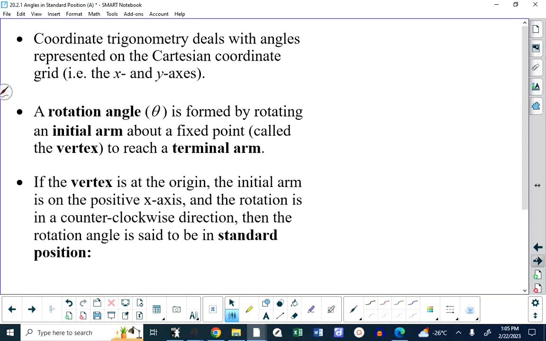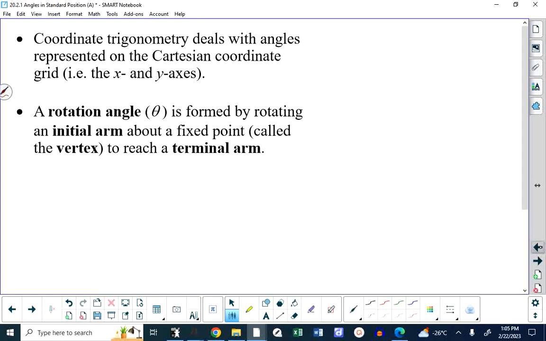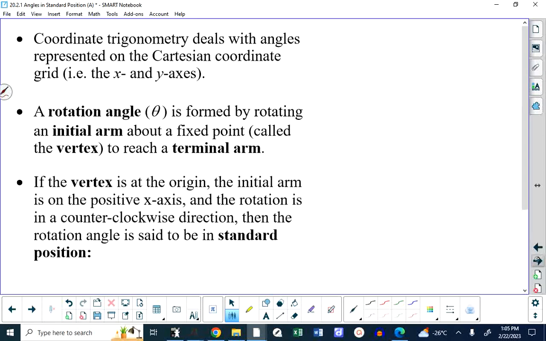That final location, which is called a terminal arm, actually maybe I'll back up. Terminal arm means final location. When your plane lands at the airport and it taxis to the terminal, that's where you end up. If the vertex is at the origin, so when I did this, my elbow is the vertex. It's the point that's not moving.